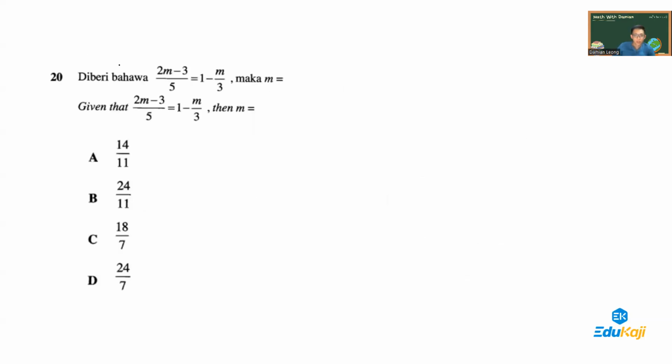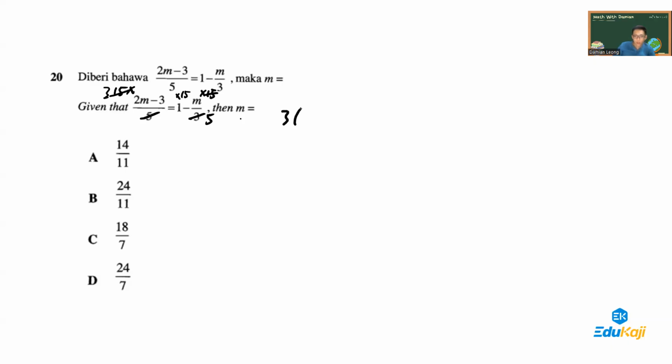Then question 20. Solve to find m. Always get rid of the fraction first, since there's more than one term in the fraction here. I have 5 and 3 as denominators. So times 5 times 3, or basically just times 15. Each of the terms I times 15. So this one will cut, becomes 3. This one cuts, becomes 5.